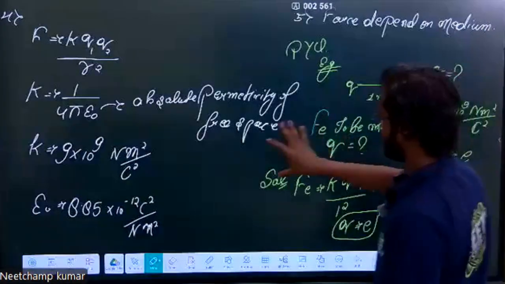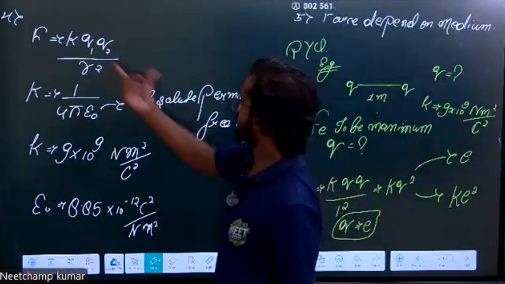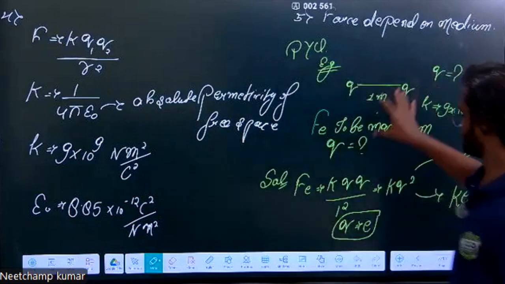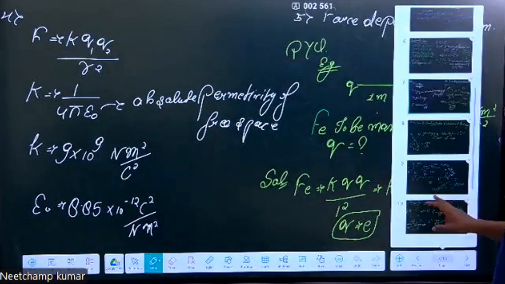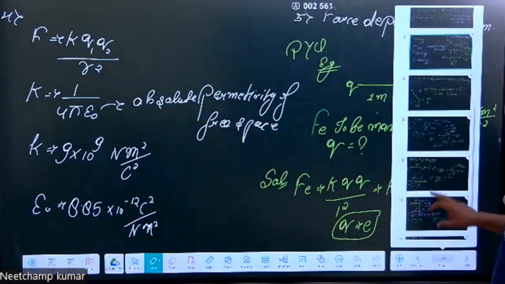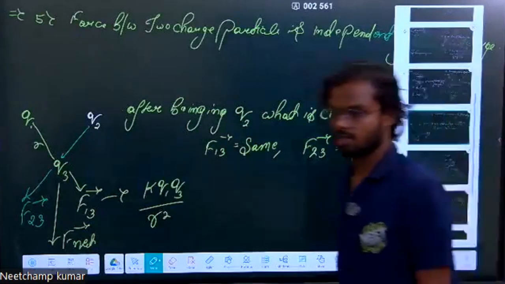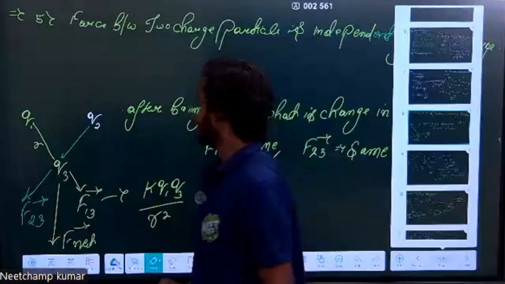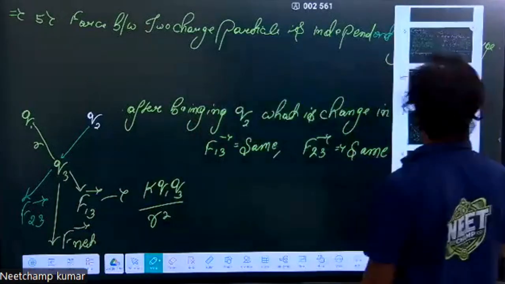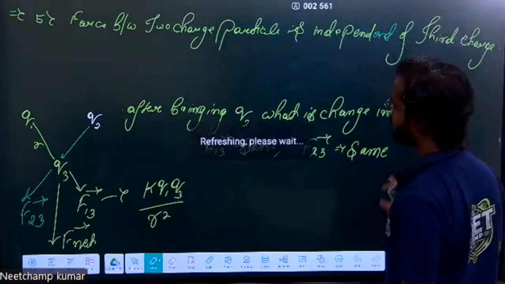If you remember, while telling this formula, I have mentioned Q1 and Q2, and in every problem we have solved till now, the charges are considered as point charges. There is no distributed charge over a surface. It is always considered as a point charge, because Coulomb's law is only valid for the point charge.